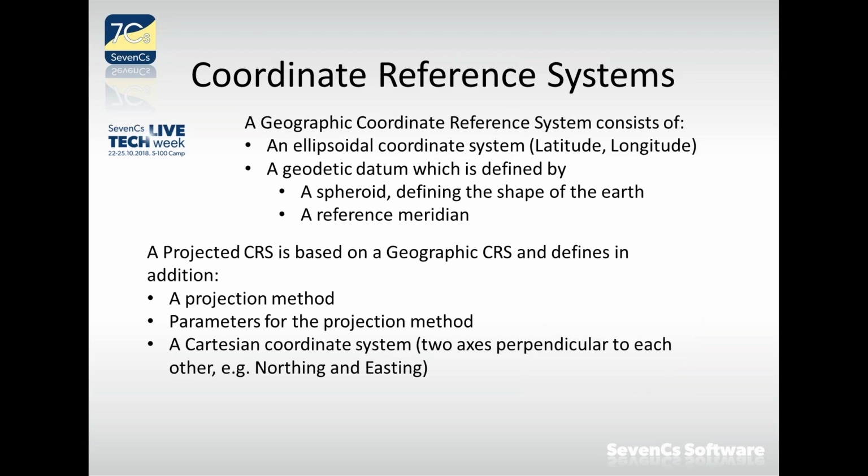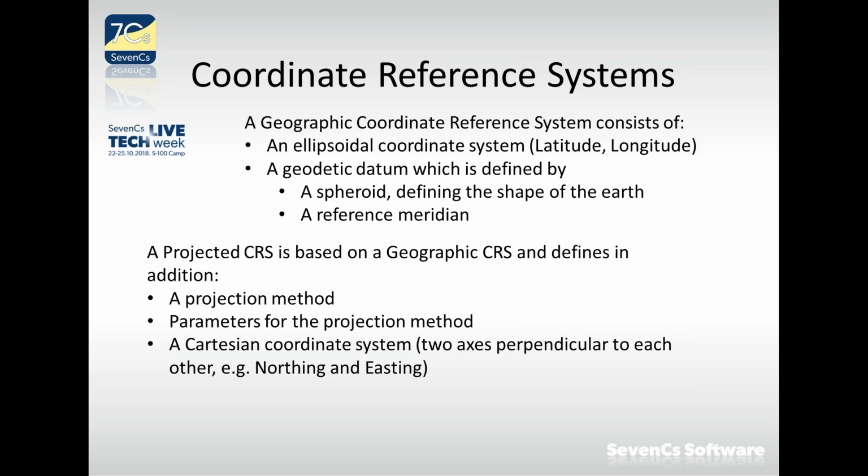And we use that in a geographic coordinate reference system. What's the difference between a coordinate reference system and a coordinate system? The coordinate system is just the system where the coordinates are stored. There we have axes, and they define what the coordinates are, so latitude, longitude, those things.